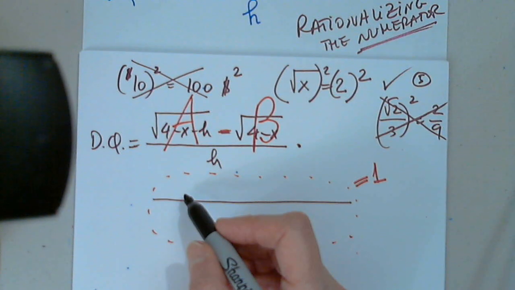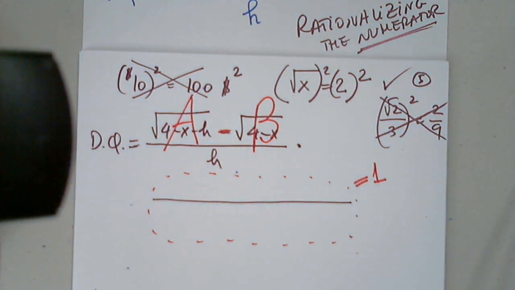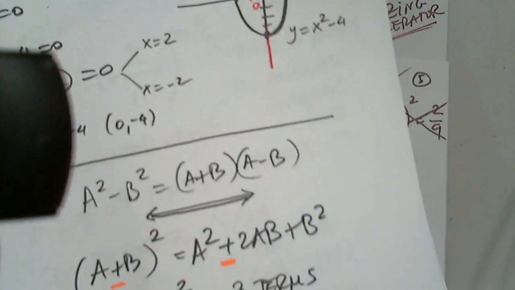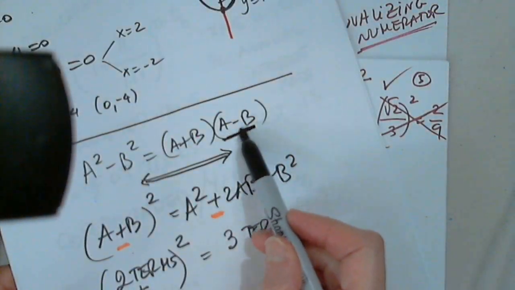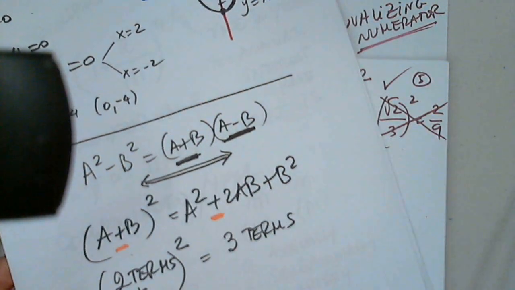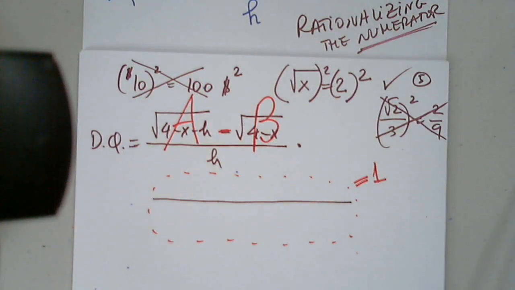It's okay if you're wrong. Anyone would like to try? I have the a minus b. I just need the a plus b. What will the a plus b be?